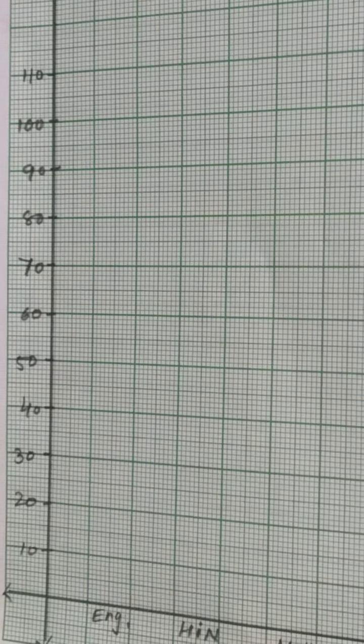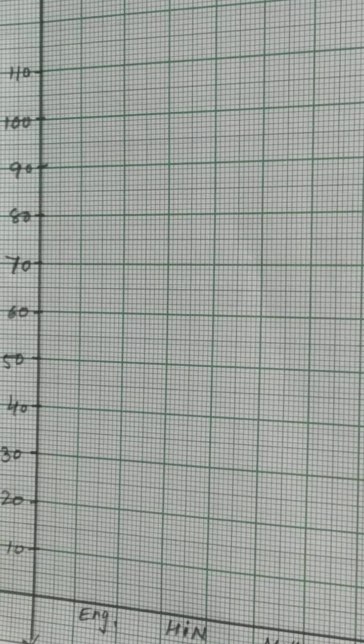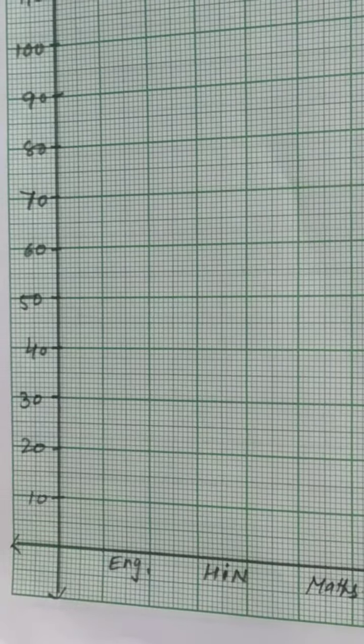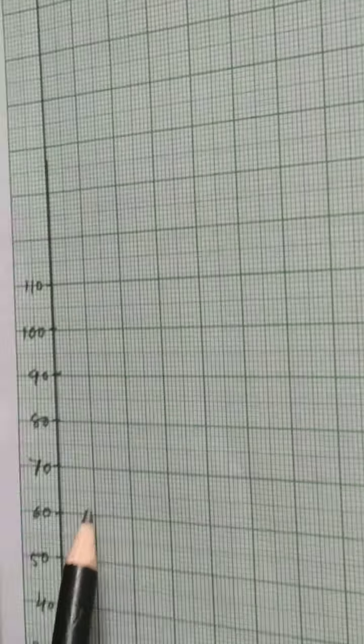Now let's see in English how many marks scored in first term? 67, and in second term 70. 67 and 70, right? In first term 67. Now see 67, so 50, 60, right?